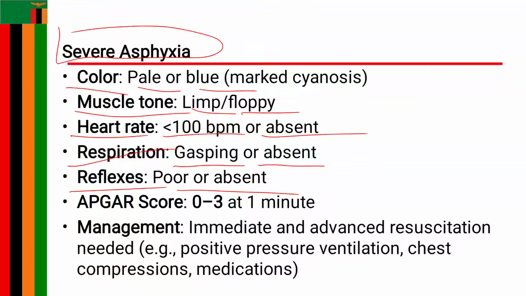Reflexes, they are very poor or absent. APGAR score is between 0 to 3 at 1 minute. And in terms of the general management, the baby needs immediate or advanced resuscitation, where maybe you use even positive pressure ventilation, chest compression, or even medication just to kickstart the baby's ability to breathe.